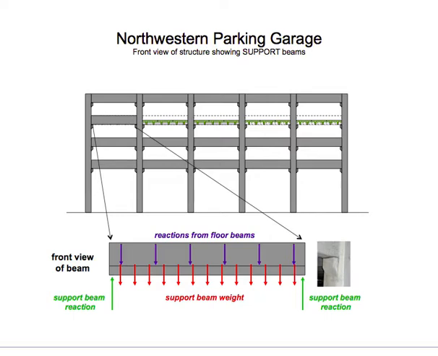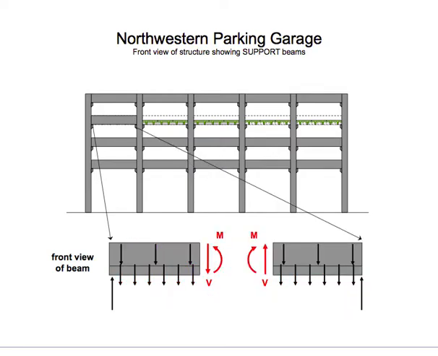The support beams themselves, they carry the reactions we just talked about here. In addition to that, they're carrying their own weight. So looking at a free body diagram of the horizontal support beam, we have our reactions over here on the left and right side.